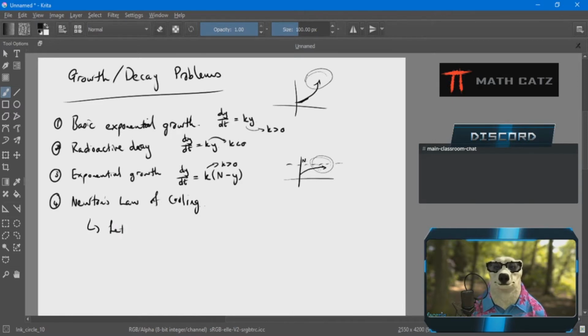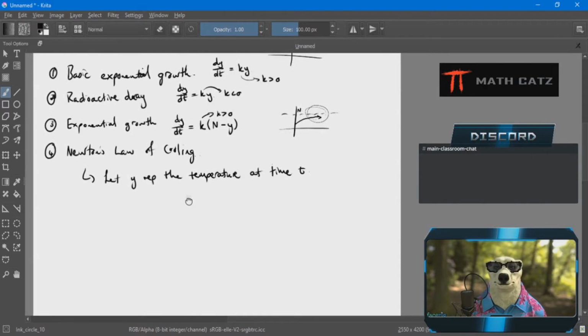So first we're going to say, okay, let Y represent the temperature of the object at time T. Now, in the case of a hot cup of coffee, that temperature, if I leave it out, is going to decrease. So we have a decaying situation here. The temperature, if you will, is decaying.